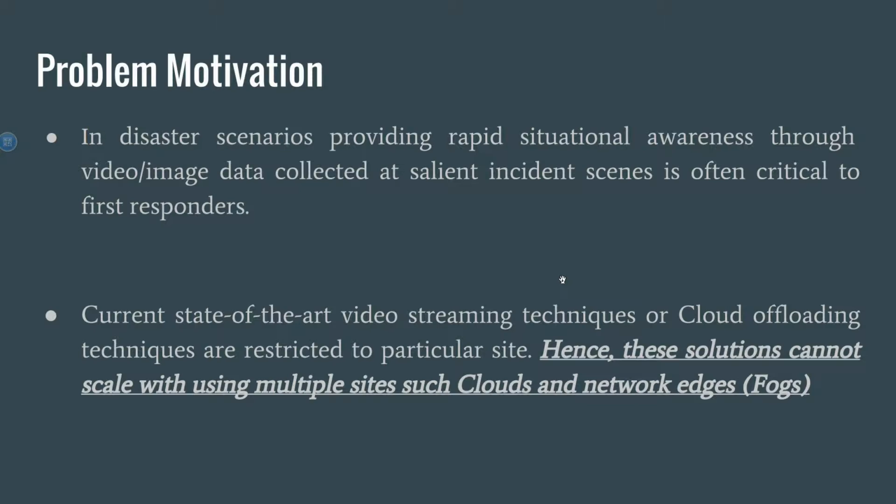However, current state-of-the-art technologies for visual computation, such as video streaming or cloud offloading, cannot scale with multiple sites because they're tied to particular hardware, because they're coupled with particular software running on this hardware.